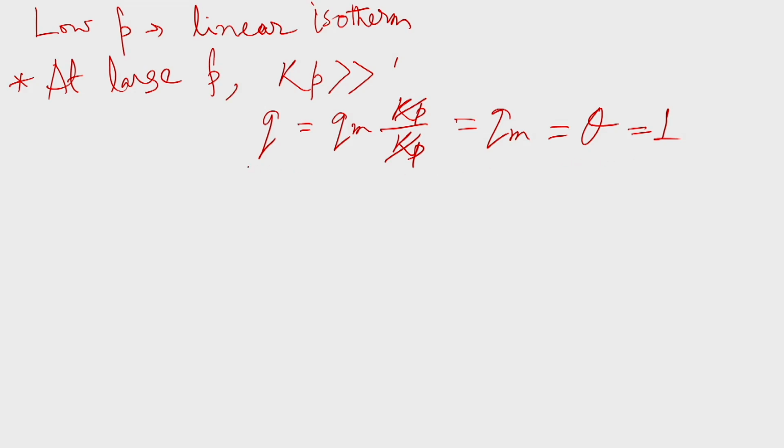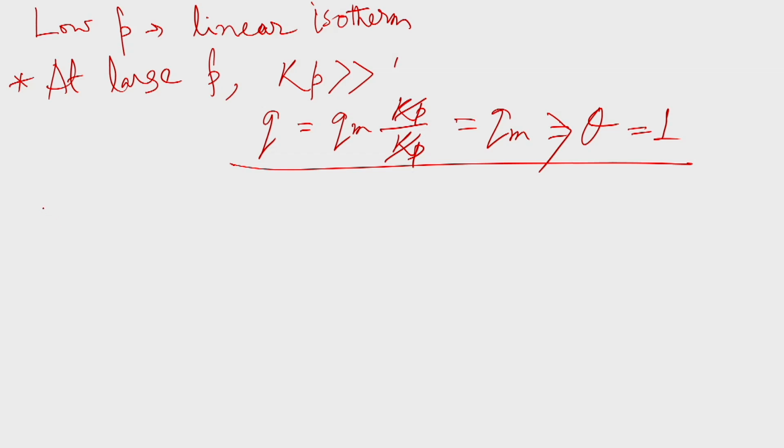So theta will be equal to 1. Okay, so Q by Q m is equal to theta, which is equal to 1. That is the form where the maximum amount adsorbed per unit mass of adsorbent is reached.